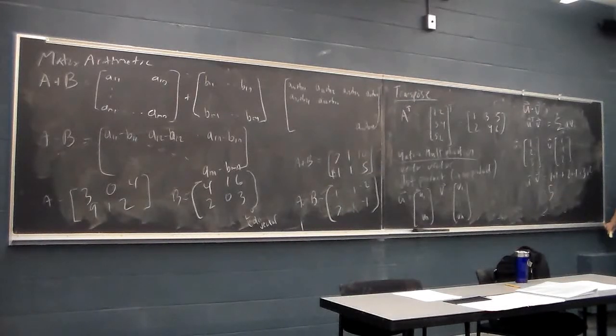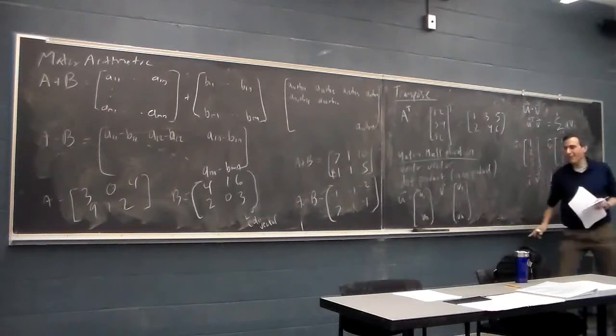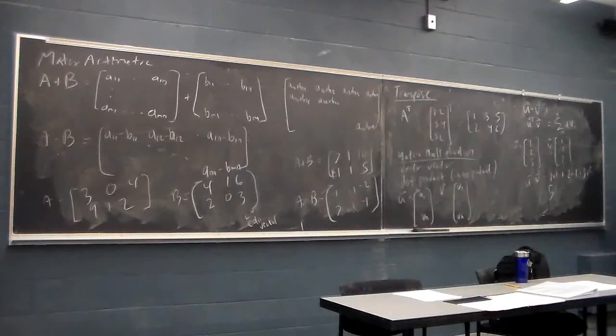So the dot product is going to be a scalar. It will always convert two vectors of the same length into a scalar. Okay, any questions about that?